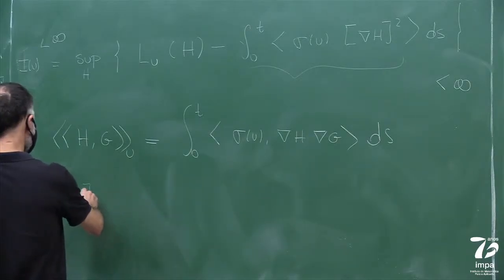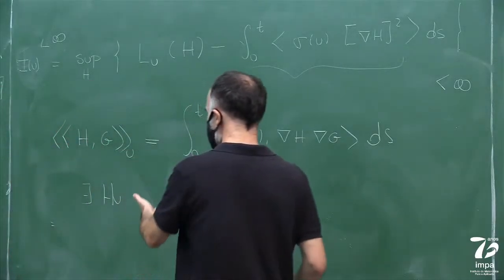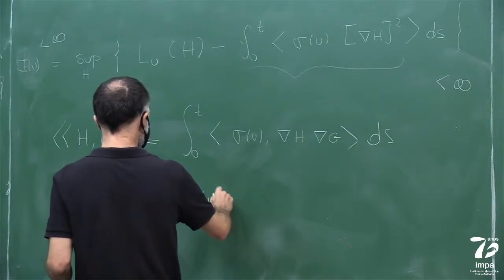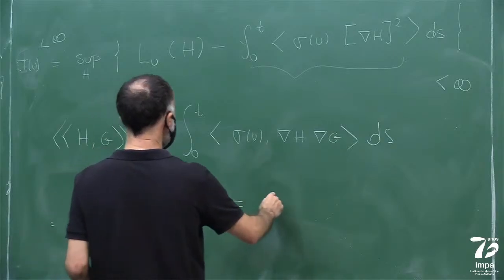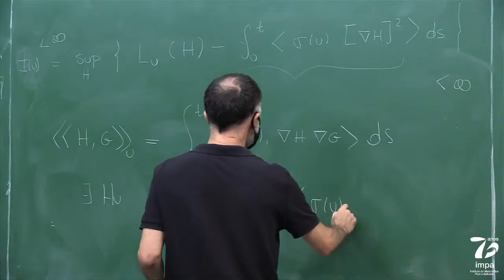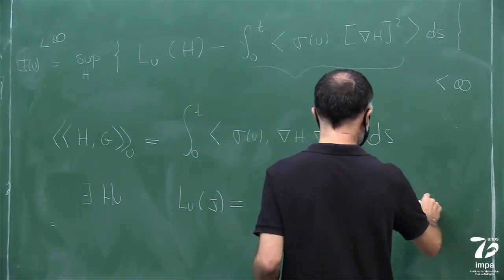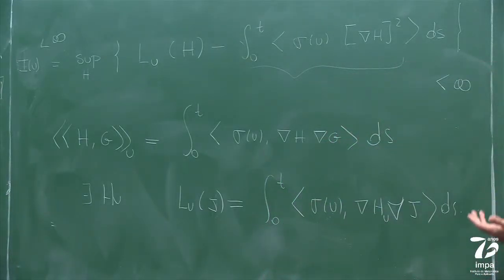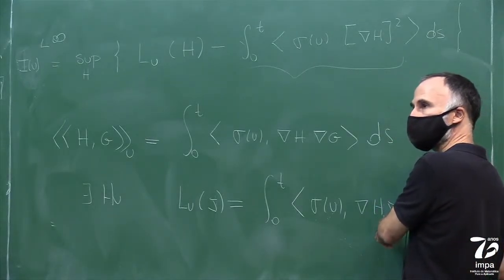So there exists my H_u, another way in which I can make sense of H of u, such that L_u of g is equal to the integral of sigma of u dH_u dg for all g. Okay? So this is an abstract way in which I can construct this function.